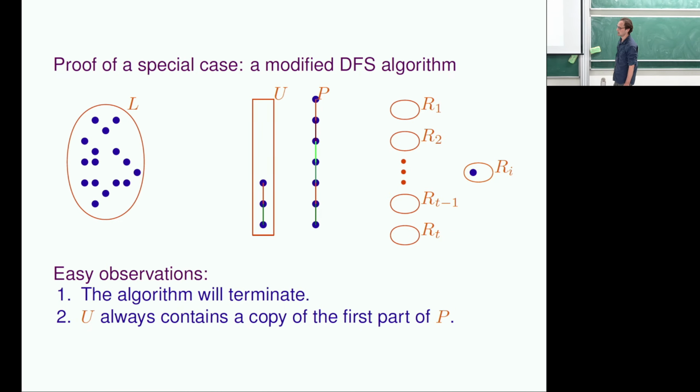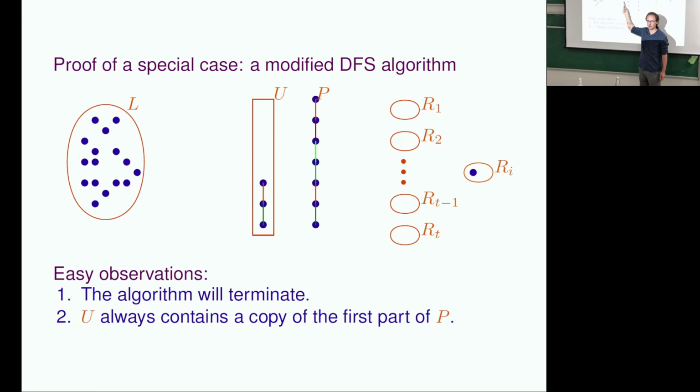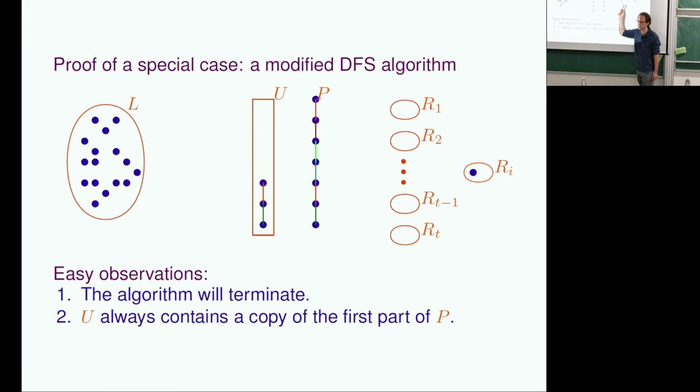Some easy observations: in every step of the algorithm, either a vertex is moving from L to U, or a vertex is moving from U to one of the sets on the right. They never move to the left, and they always move to the right, so eventually everything is going to be over on the right.